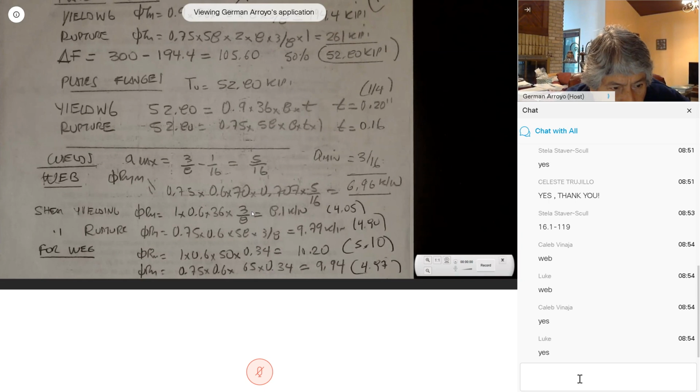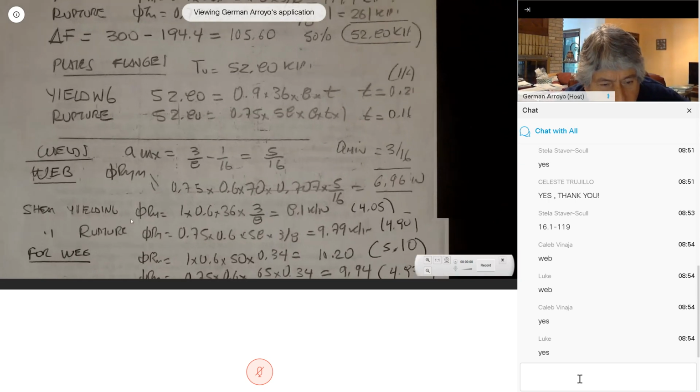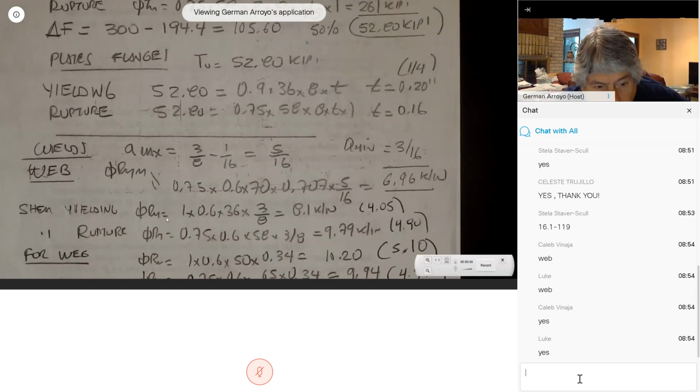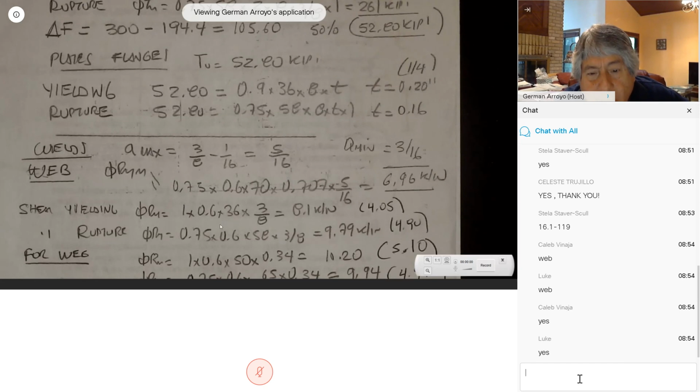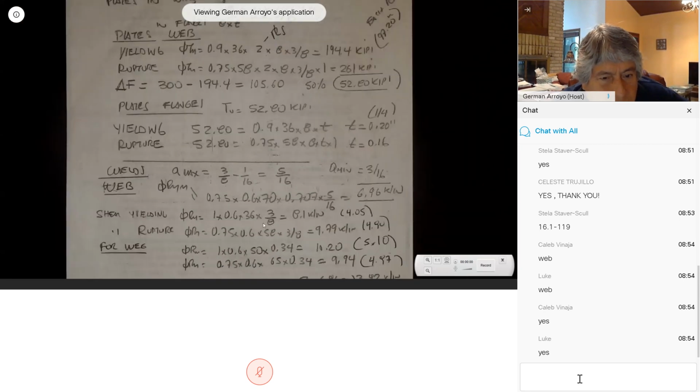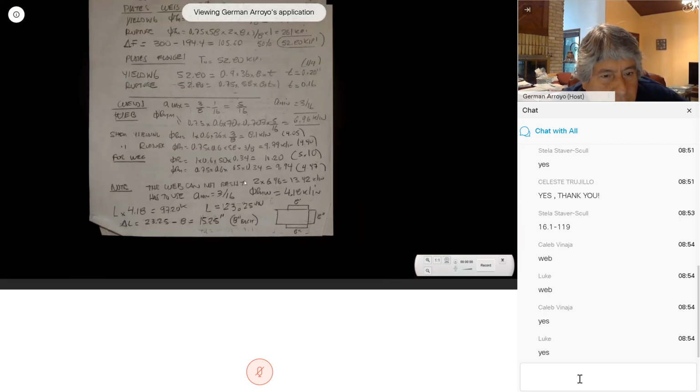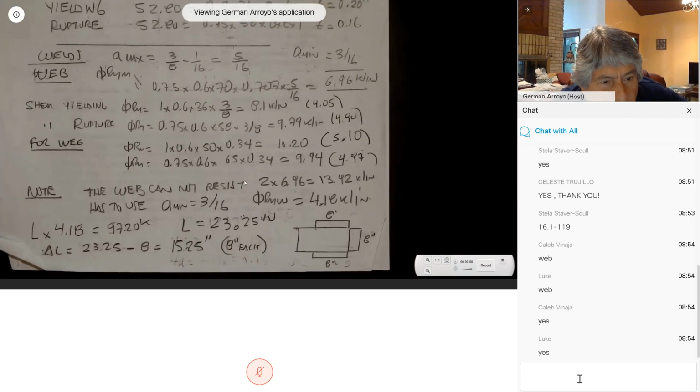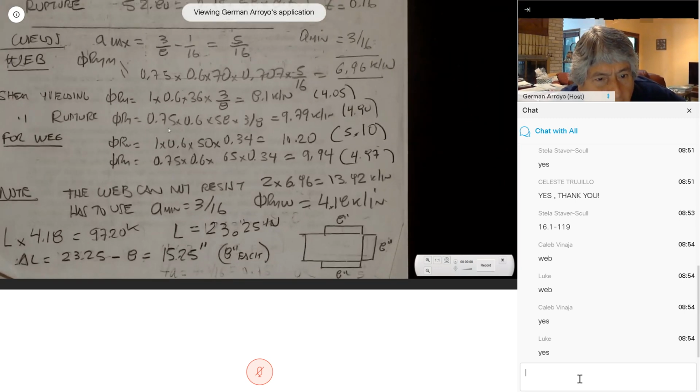So I did it for the plate. For yielding, 1 times 0.6 Fy times 3/8, 8.1 kip per inch. Disregard these numbers that I put there, 50%, and disregard that. The rupture, you look at the rupture for the plate and the web, the phi factor 0.6 Fu, 3/8, 9.79.